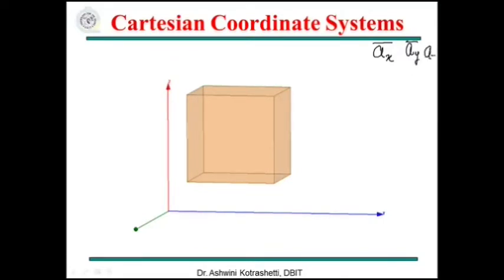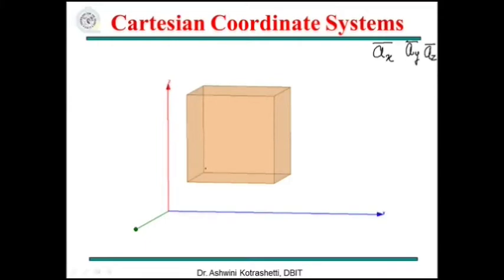And if it is defined along z, it's az bar. Okay, so now let us see how we define unit vectors here. Unit vectors have a characteristic property that they always move outward from the object. I'll repeat, the unit vectors always move outward from the object and are always normal to the object.